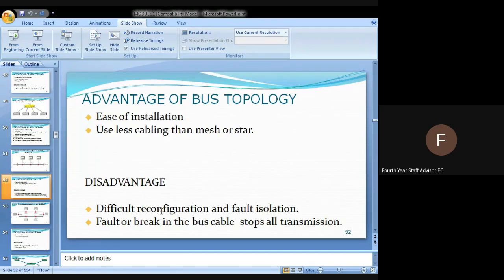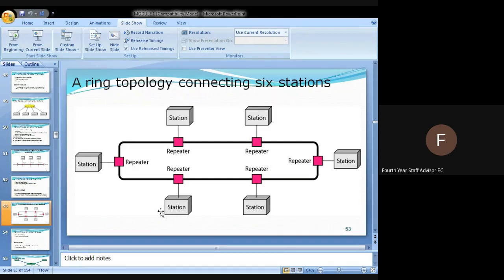So three topologies I discussed: mesh, star, and bus topology. Now, the last one is called the ring topology. What you can see in the diagram is that it is in the form of a ring.